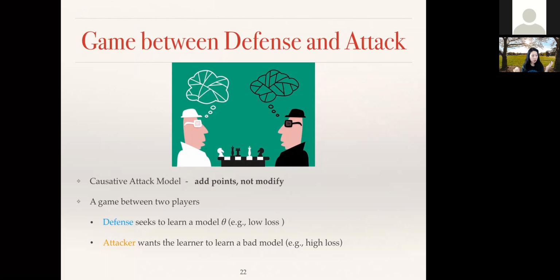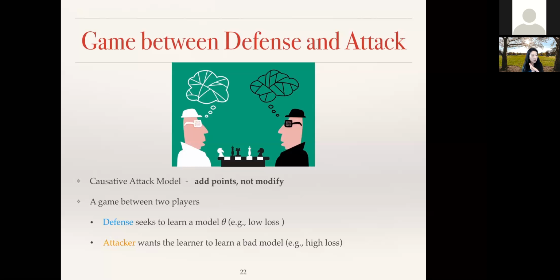Of course, the defense wants to have a low loss, right? You want to get your training loss to be low, and that's what every defense mechanism is trying to do. And of course, the defense is also aware of the attack. So not only do they want to train a model that has a low loss, but if they're smart enough, they would also consider that the model should have a low loss if there is an attack, right?